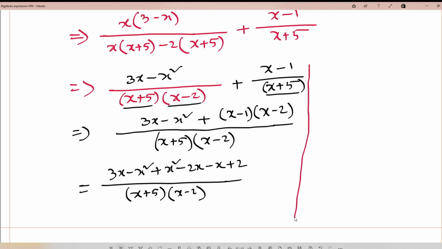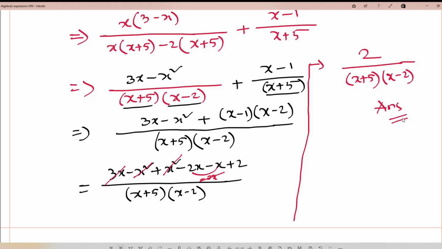So we can write here: minus x square and plus x square out, and here is minus 2x and minus x, it means if we combine, we will get minus 3x. So 3x and minus 3x also out, so only here we get 2 divided by (x plus 5) into (x minus 2). This is our answer.